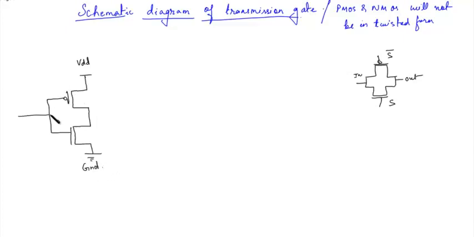This is input S. This is the output S bar. Now this we will convert to the untwisted form. So first draw like this. PMOS and the NMOS.